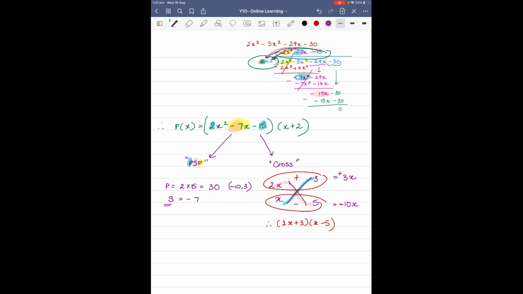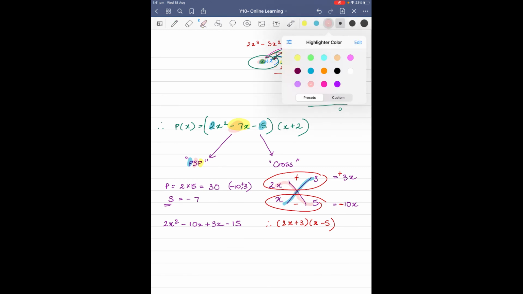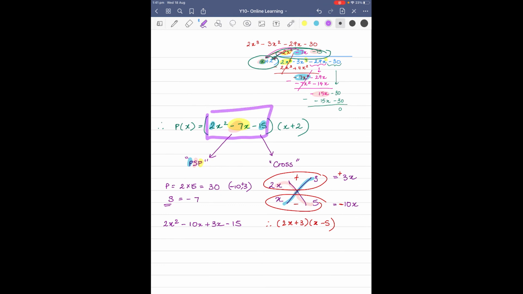So minus 10 plus 3 gives you minus 7. Now let's rewrite it. We have 2x squared, and minus 7x becomes minus 10x plus 3x, and then minus 15 goes there. So what I've technically done is break down this equation into here.